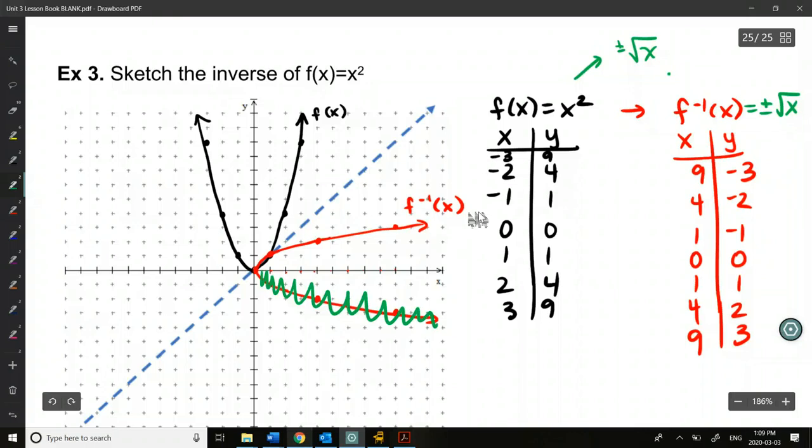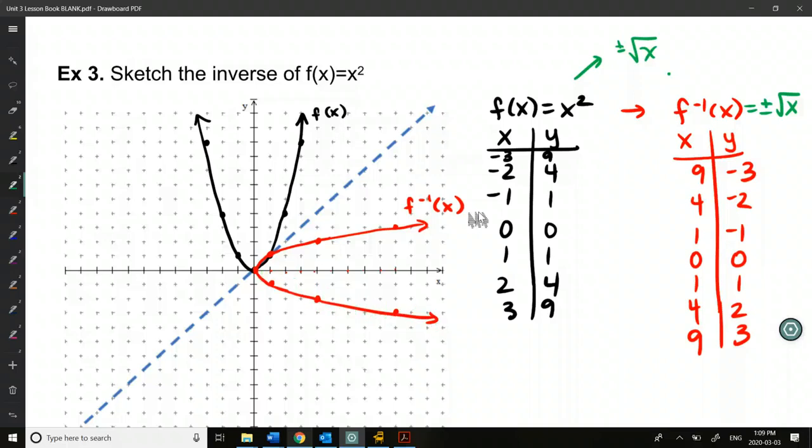What does that look like? It's the square root function. And because we do plus minus, we also get that bottom part as well. So those functions are basically inverses of one another. But when you have the plus minus there, you get this bottom piece. So this upper piece right here, this is the square root of x function.